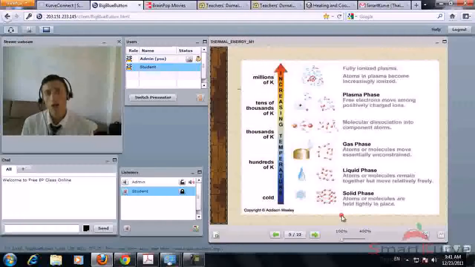Eventually, those water molecules will become so hot that the molecule itself will break down. Remember, we learned at the beginning of the lesson that a water molecule has 2 hydrogen atoms and 1 oxygen atom.